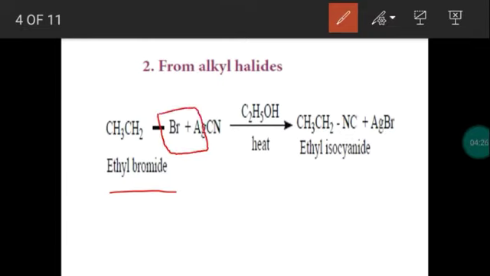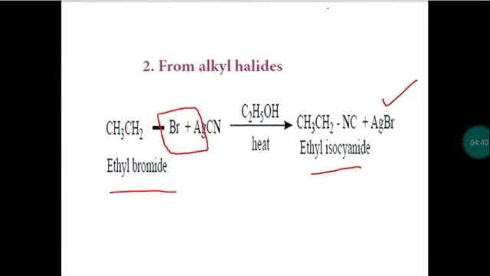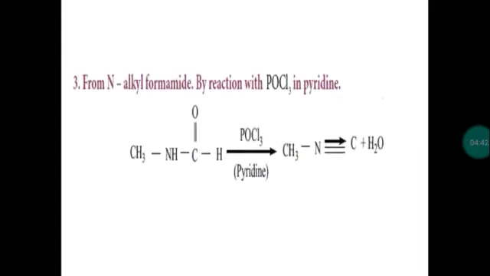The silver as well as bromine will leave as silver bromide. So the remaining is ethyl isocyanide or ethyl carbylamine. This is the second method of preparing alkyl isocyanide.